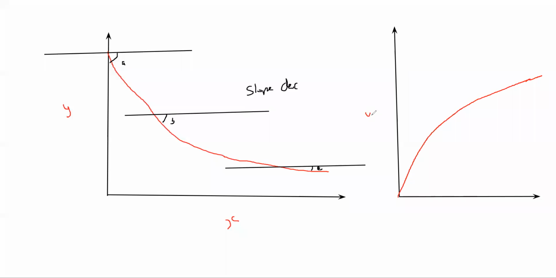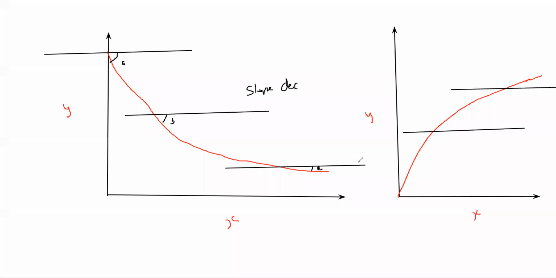What happened to the slope of this line? Slope means angle with the x-axis. Increasing or decreasing? So you draw the horizontal line and measure the angle.